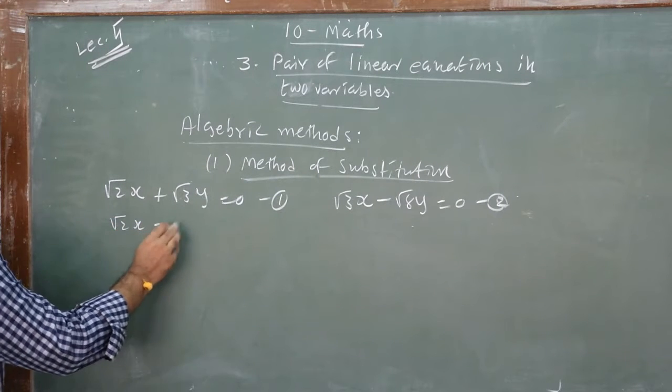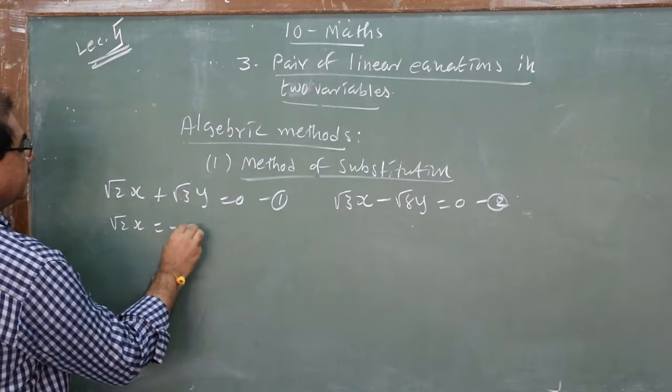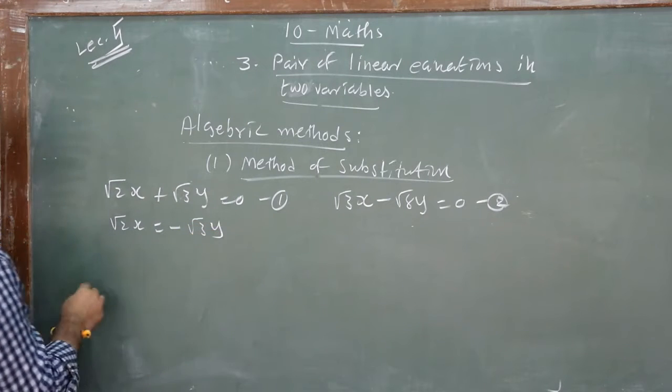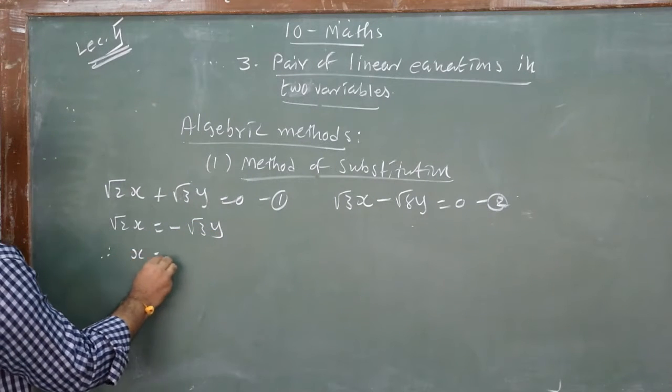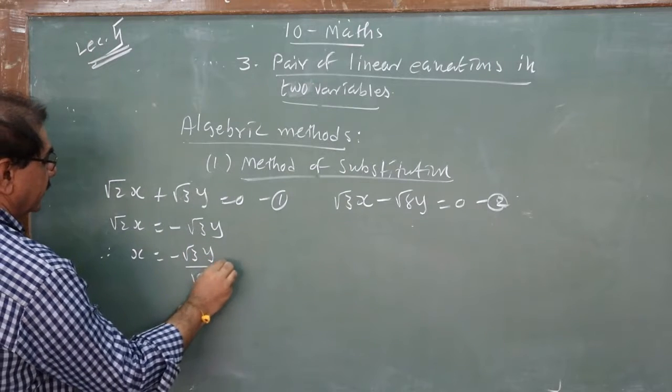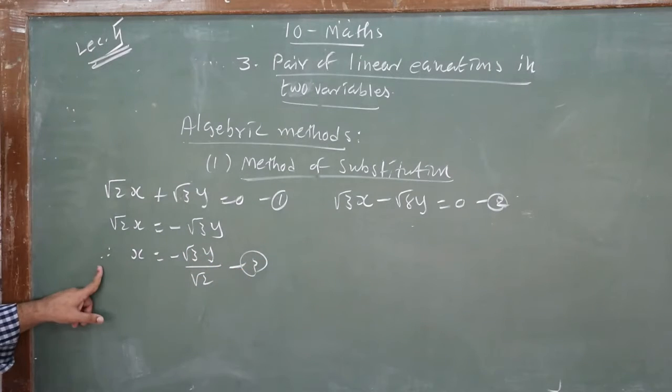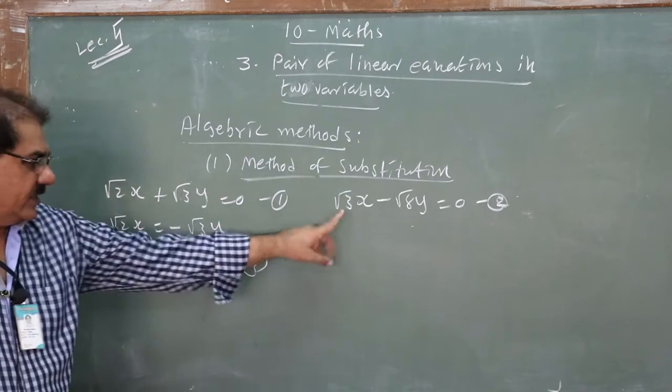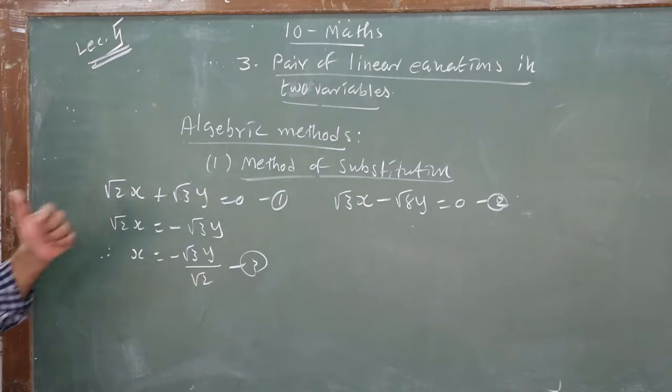Root 2x is equal to minus root 3y. So therefore x is equal to minus root 3y whole upon root 2. It is equation number 3. This value of x you substitute in equation number 2.